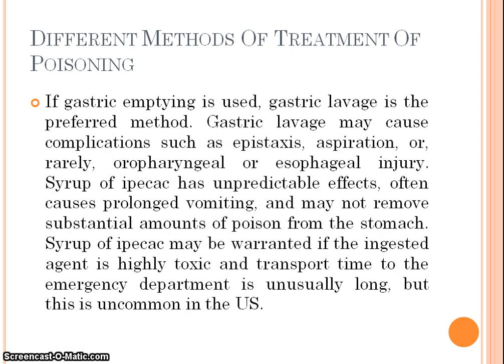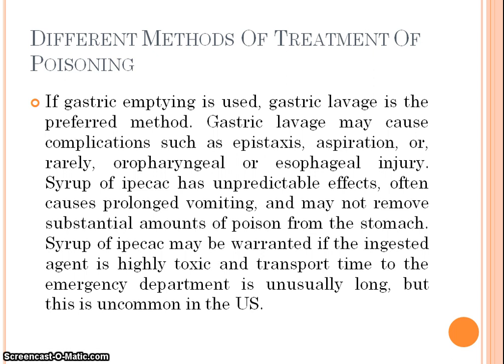If gastric emptying is used, gastric lavage is the preferred method. Gastric lavage may cause complications such as epistaxis, aspiration, or rarely oropharyngeal or esophageal injury. Syrup of ipecac has unpredictable effects, often causes prolonged vomiting and may not remove substantial amounts of poison from the stomach.